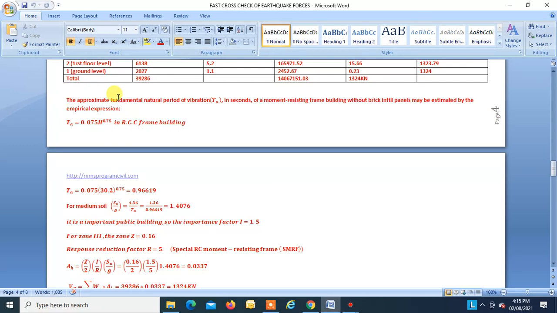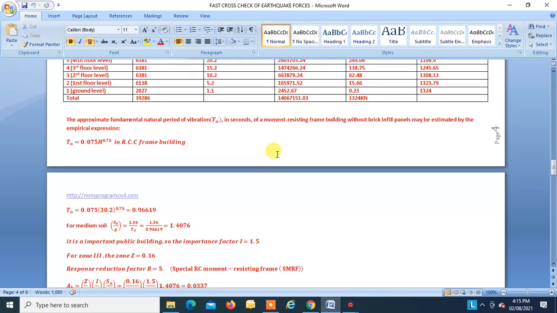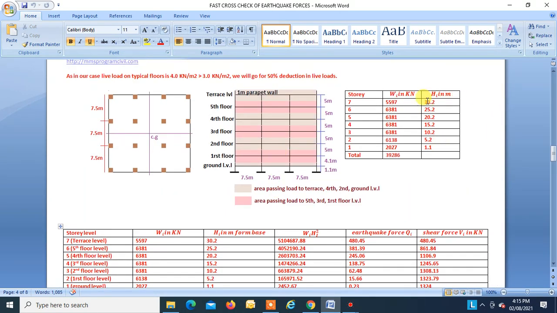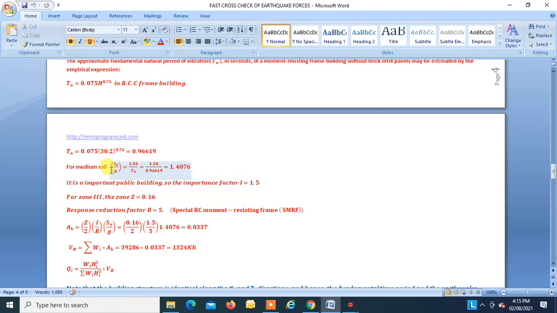Okay, the approximate fundamental natural period of vibration in seconds of a moment resisting frame building without brick infill panels, our building is without brick infill panels, so we will take this formula: Ta is equal to 0.075 h raised to 0.75 for an RCC building frame. So total height is 30.2. Okay, so we'll take h is equal to 30.2. So this value is equal to 0.9661.